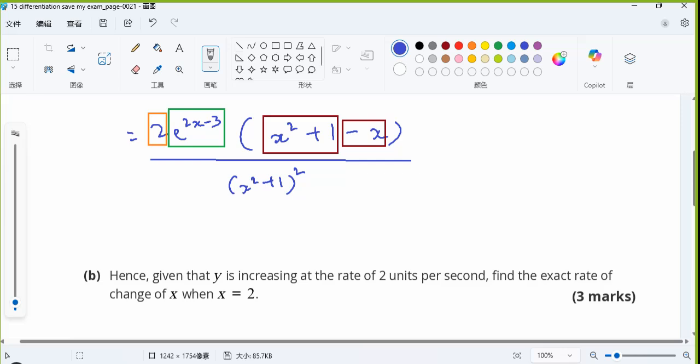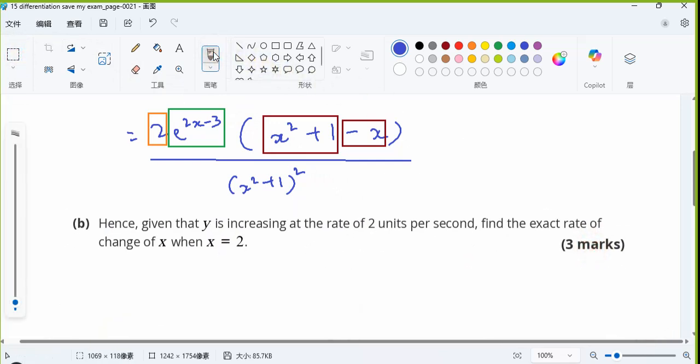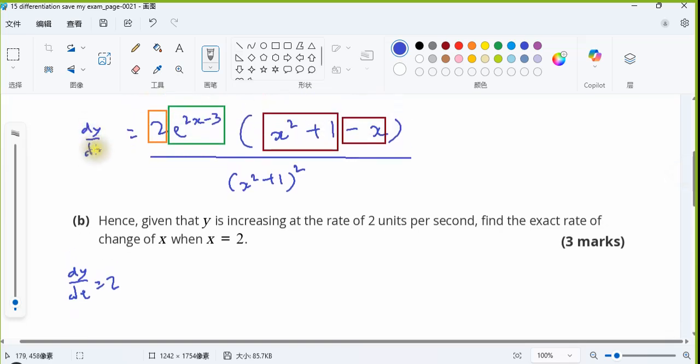Hence, given that y increase at the rate of 2 units per second, okay, so we have the dy dt is 2 exact rate when x equal to 2. So x equal to 2. So this is dy dx. Okay. So the dy dx when x equal to 2 will be 2e to the 2 times 2, 4, 4 minus 3 is 1.